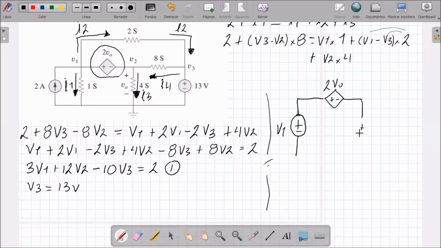Then comes the other source, which would be V2, which is the one here. V2 would be the same as V sub 0, but well, let's put it as V2, right?